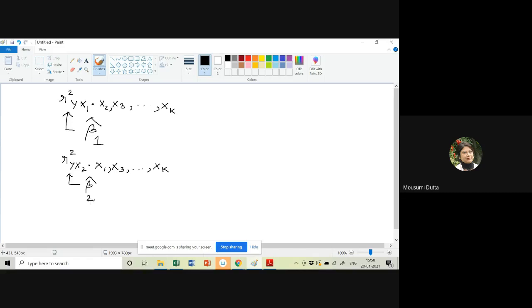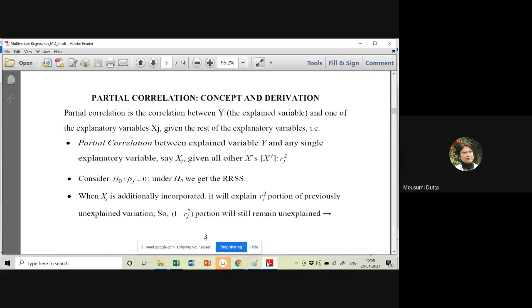It is telling us the proportion which will be explained by x1 with respect to the variation in yi given the rest of the explanatory variables. So coming back to our analysis, partial correlation is the correlation between y and one of the explanatory variables, say xj, given the rest of the explanatory variables.